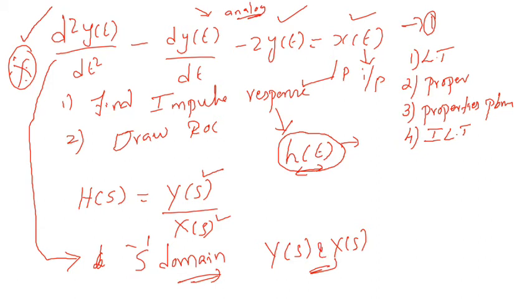After that we manipulate the equation and find the ratio, y of s divided by x of s, which is nothing but h of s, right? So we got h of s. What is the question? The question is to find h of t. So what we have to do? What we have in hand is h of s. So all I have to do is take the inverse Laplace transform so that from h of s I can find h of t. So this is the idea behind this problem.